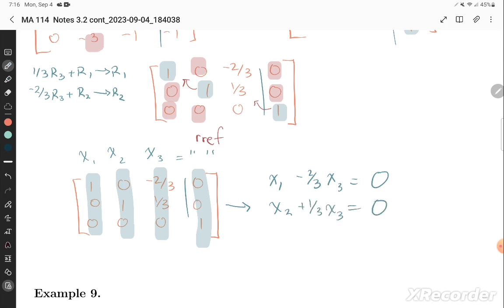That's also not a huge problem. What's a huge problem is I get 0x1 plus 0x2 plus 0x3, because I've got 0s here, is equal to 1.